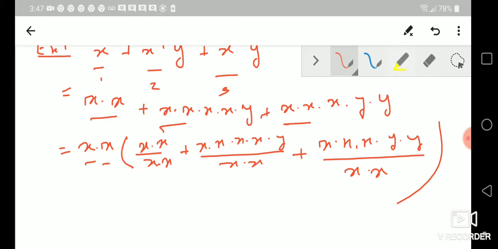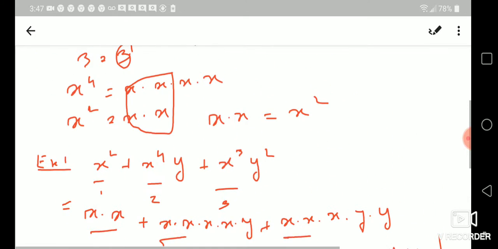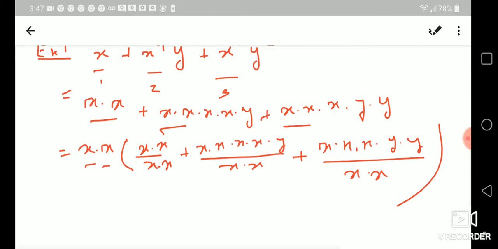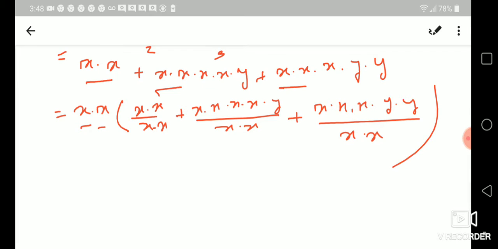Like we have looked into the definition here, let's go back to the definition: into a multiplication of simpler expressions. So we're trying to write it as a multiplication expression. That's why we take that common number or variable out, and then we divide all the terms by that factor, and we try to get that into multiplication form.